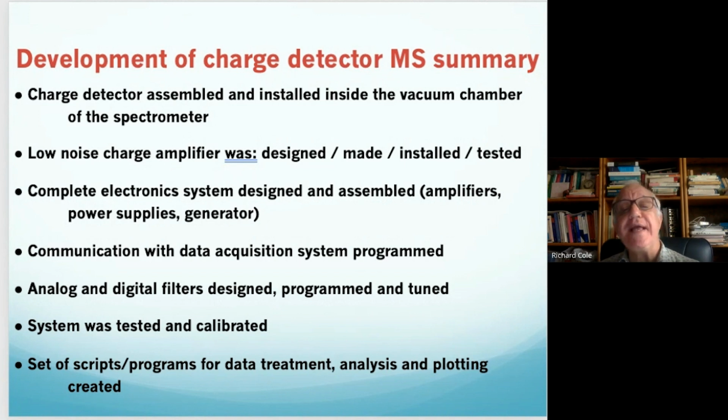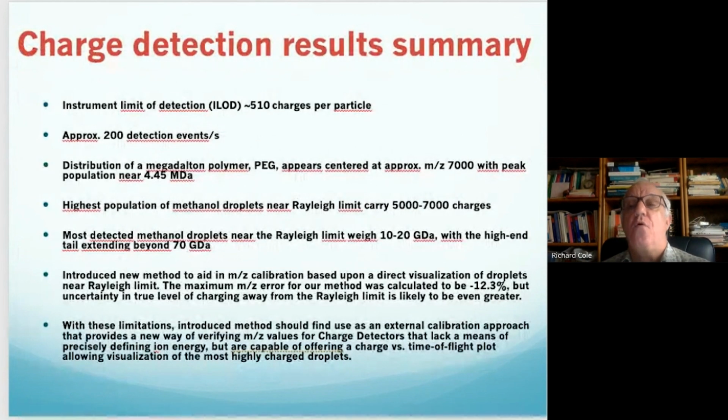We enabled communication with the data acquisition system, installed analog and digital filters, tested and calibrated the system, and created a set of scripts for data analysis. Our instrument has a limit of detection, based upon 3 times our RMS electronic noise, of about 510 charges. We can detect about 200 events per second.